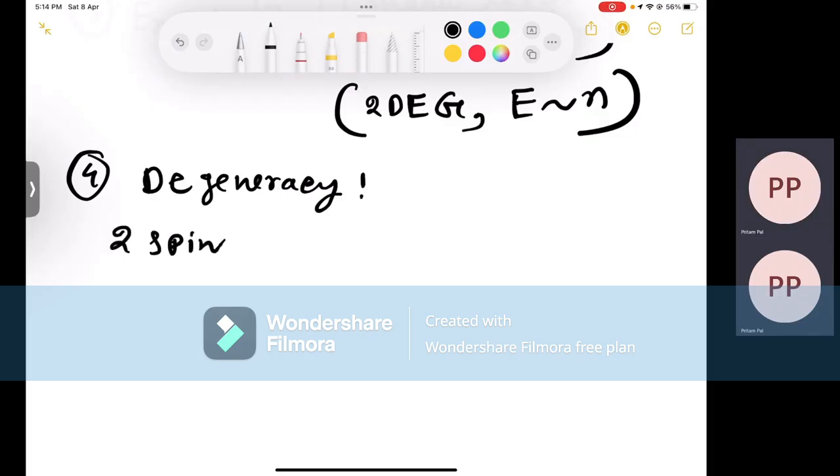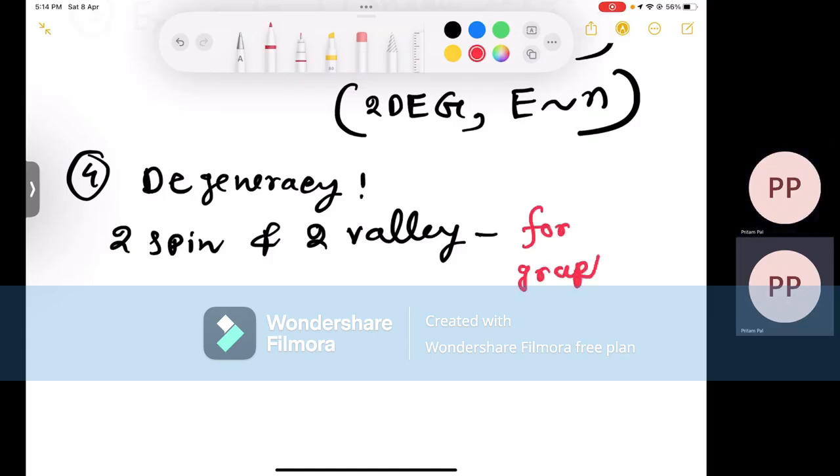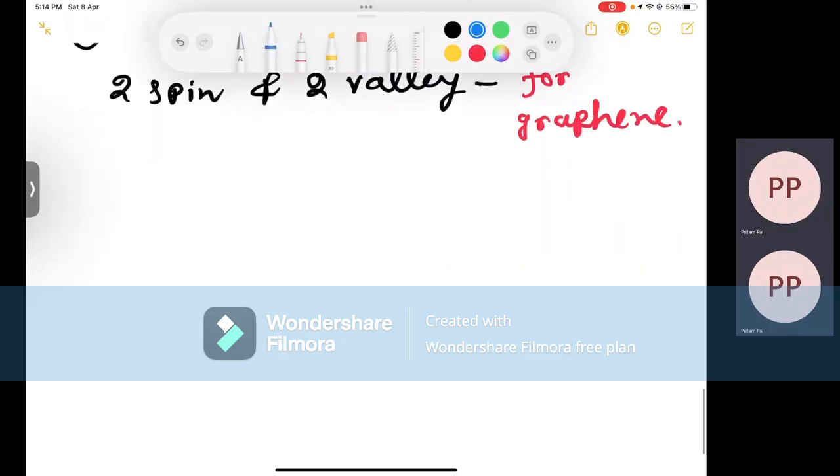So here you have two spin, two valley for graphene. So it's four degenerate. Four.